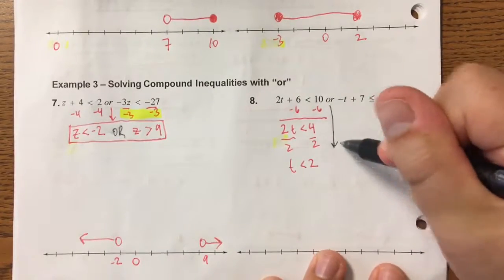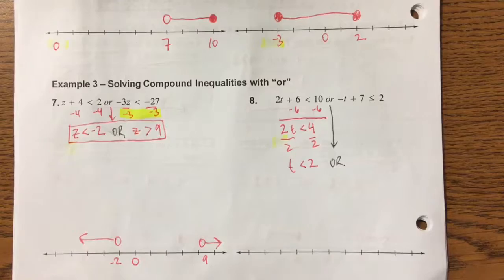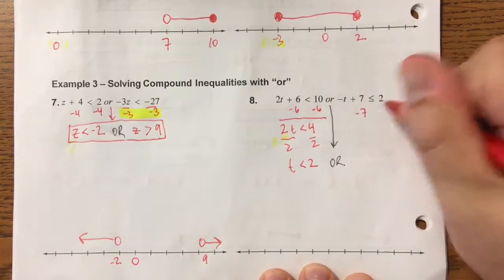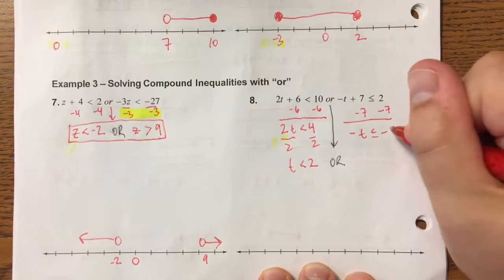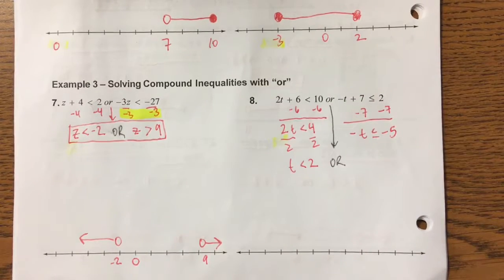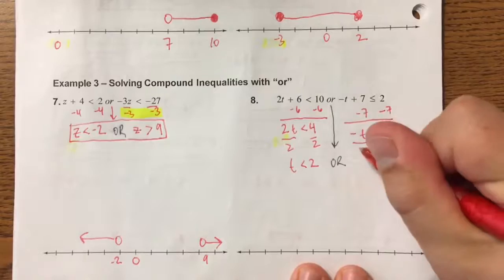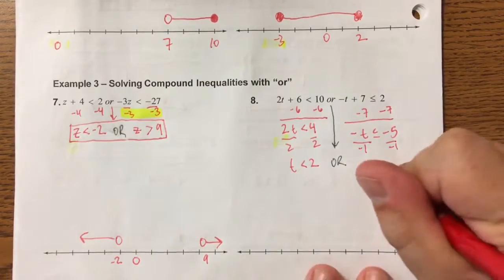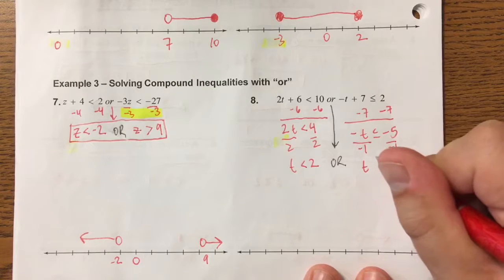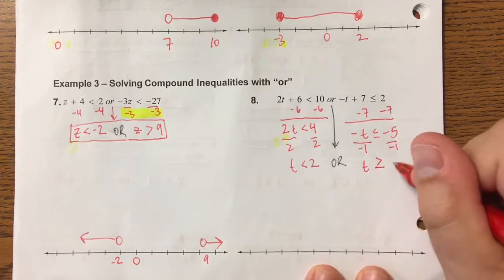All right, then we have this or. Subtract 7 from either side to get -t is less than or equal to -5. Divide by -1 on both sides. And we get t is, after we flip the sign, greater than or equal to 5.